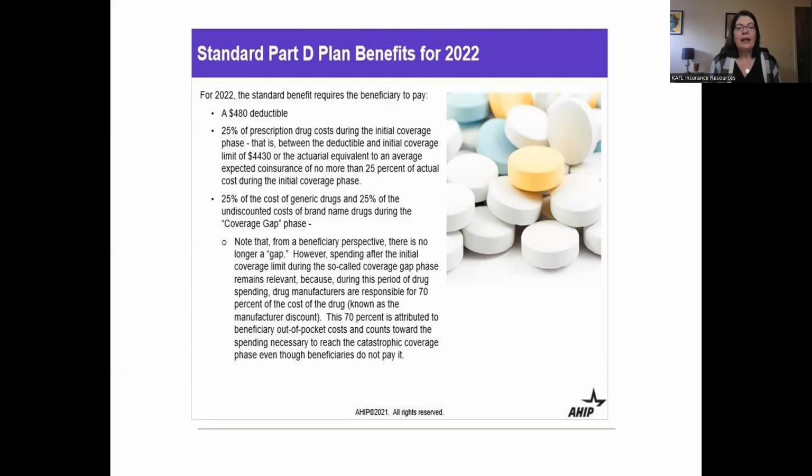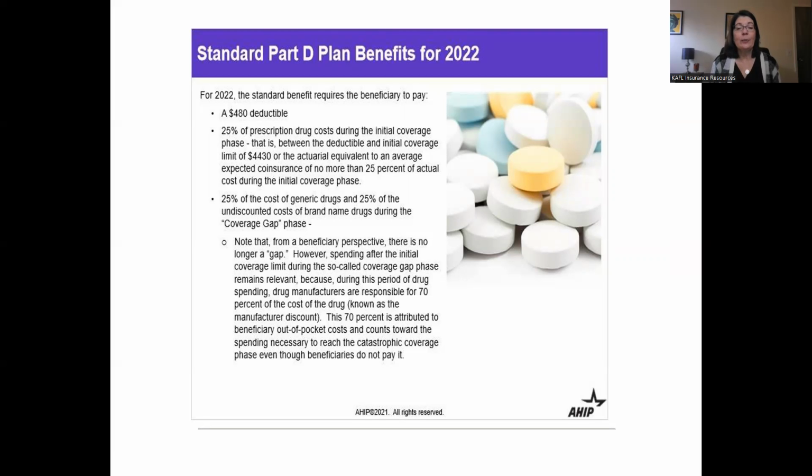But what you want to keep in mind is that during the coverage gap, drug manufacturers pay 70% of the cost of the drug. That's the manufacturer discount. And that 70% counts towards the beneficiary's out-of-pocket costs, and towards the amount they need to reach catastrophic coverage.